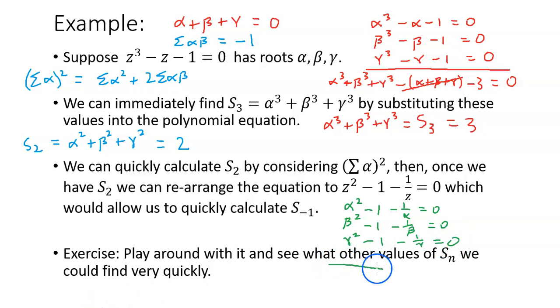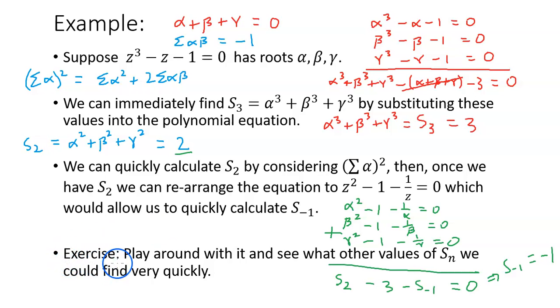And so adding those three equations together just gives us S2 minus 3 minus S negative 1 equals 0. And since we know that S2 is 2, we have S negative 1 is equal to 2 minus 3, which is negative 1.